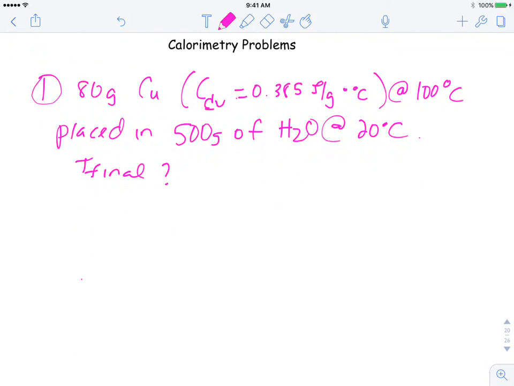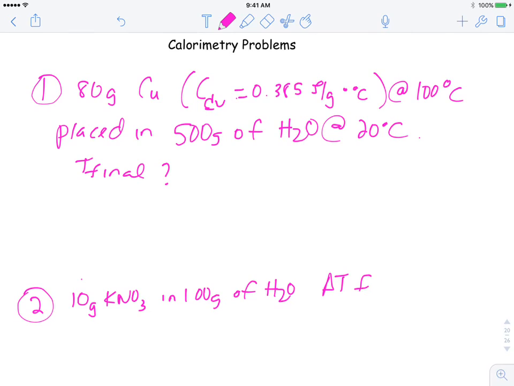And then the other one that you may see is when you dissolve a salt in water. So let's say that I were to take 10 grams of KNO3 and dissolve it in 100 grams of water, and I get a temperature change from, let's say, 23 degrees Celsius to 18 degrees Celsius.